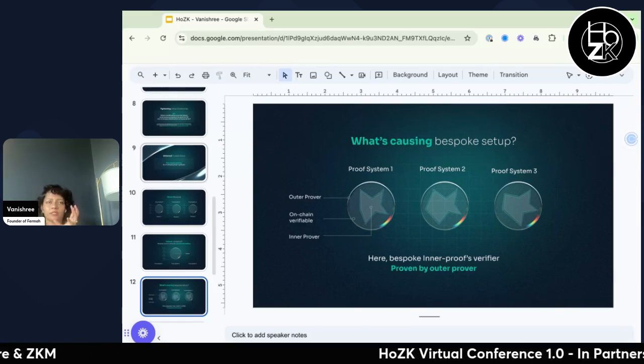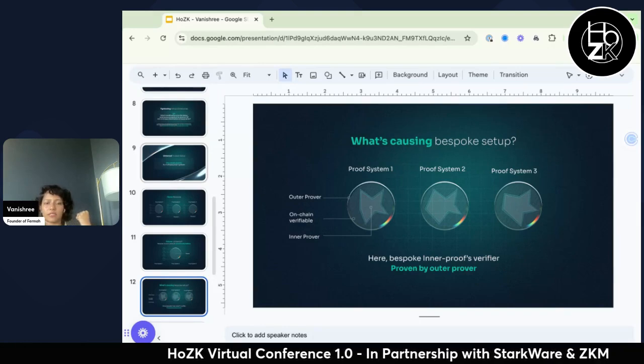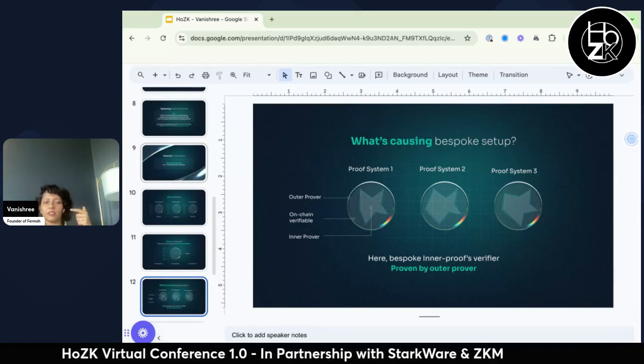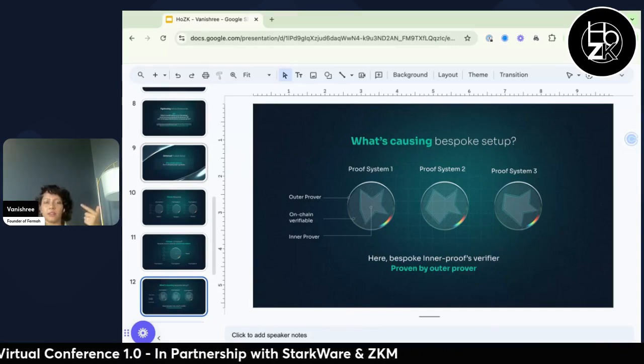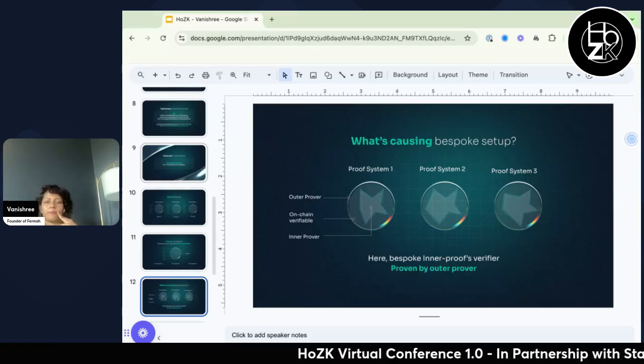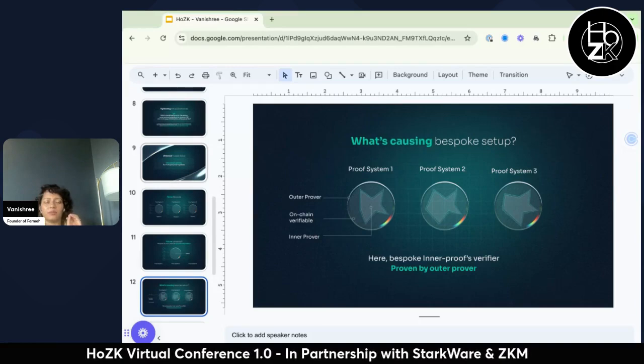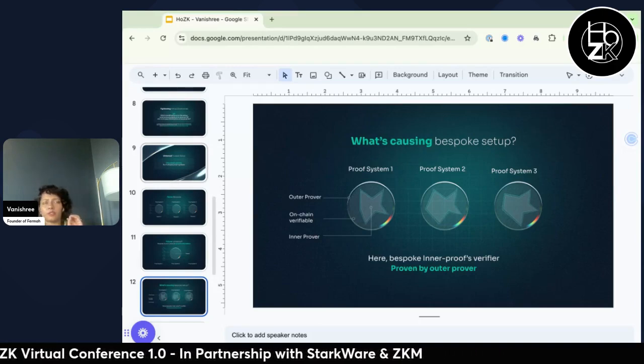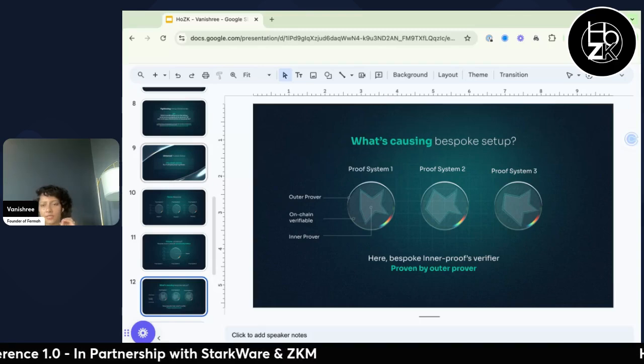There is an inner proof system that does the heavy lifting, gets some level of succinctness, and then there is yet another layer around it that helps you get proofs that are on-chain verifiable. So this is how it is currently done, and why we need a bespoke trusted setup for each proof system.